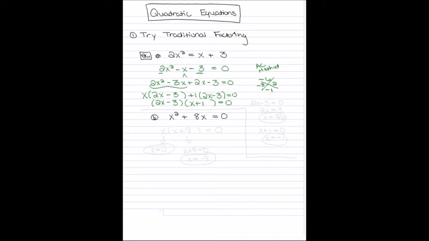So I set 2x minus 3 equal to 0, and I solve for x. I add 3 to both sides, and then I divide by 2. The next factor equal to 0, I get x plus 1 equals 0, so x is equal to negative 1, and this is my second answer.